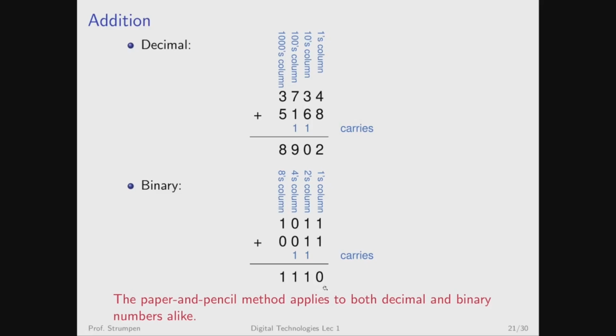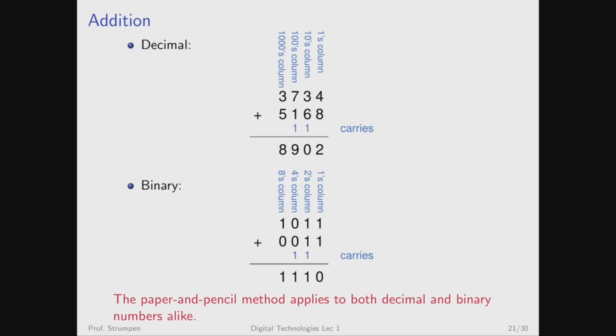You want to check yourself, do it in decimal, right? 1, 0, 1, 1 is 1 plus 2 is 3 plus no 4 plus 1, 8. 3 plus 8 is 11 plus 3 is 14. And the sum is 0 times 1 plus 1 times 2 plus 4 plus 8 is 14 as well, right? 8 plus 4 plus 2 is 14.